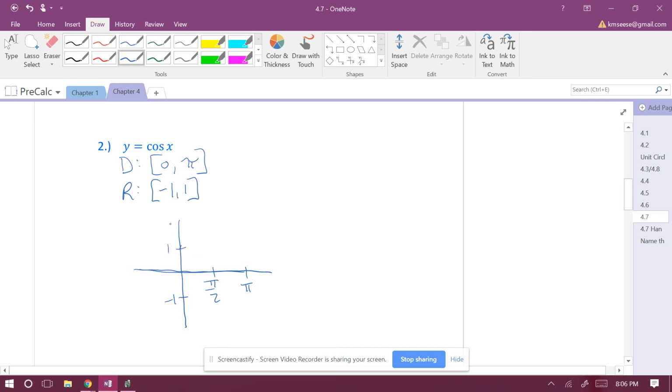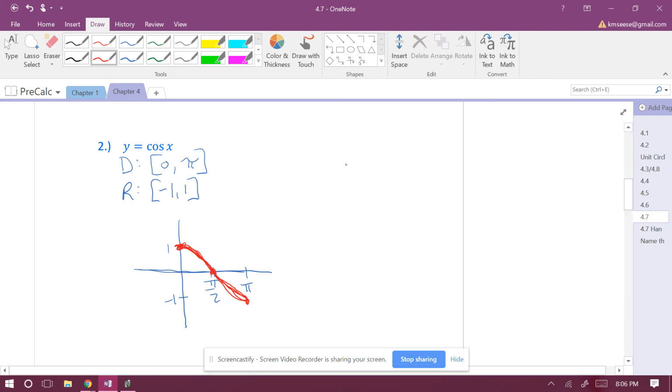Cosine of 0, we're at 1. Cosine of pi halves, we're at 0. Cosine of pi, we're at -1. So we have this piece of the curve.